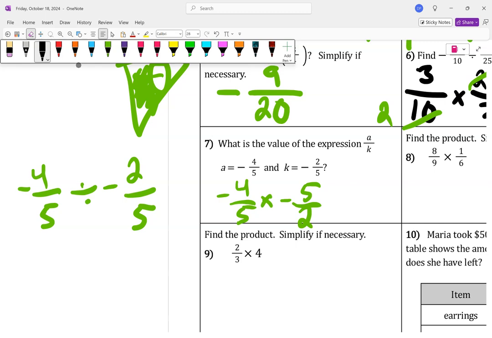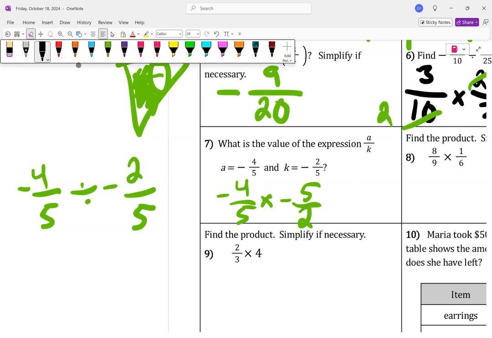Okay, do you see numbers that can be reduced? No? Okay, look diagonal. Look at two of the diagonal numbers. 5 and 5.